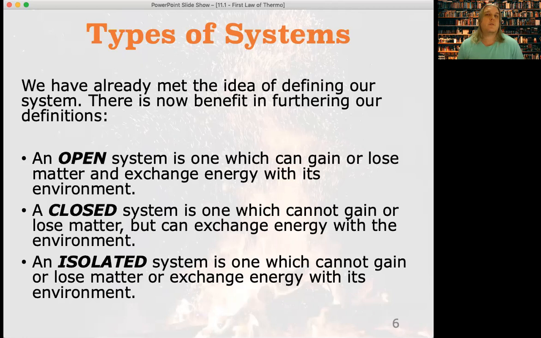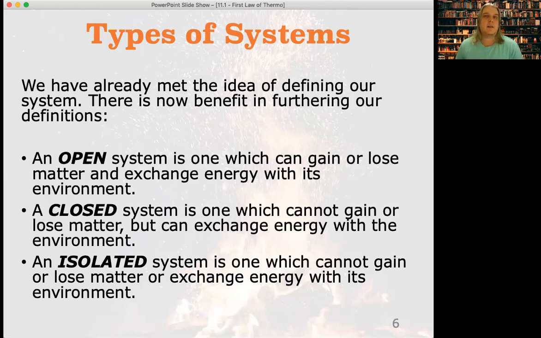But now it's useful to actually think about a distinction between the mass and the energy transfer. So we bring in another term, isolated, and that becomes our new extreme for the closed. So a system that can't exchange any mass or any energy with the outside world, with any environment, is isolated.